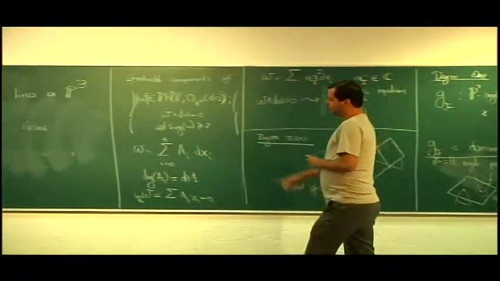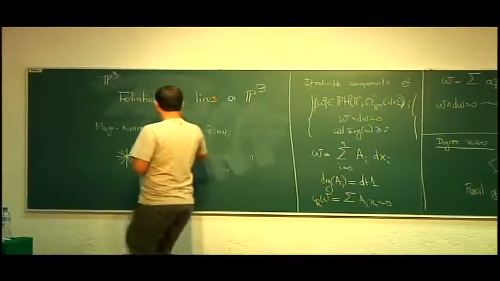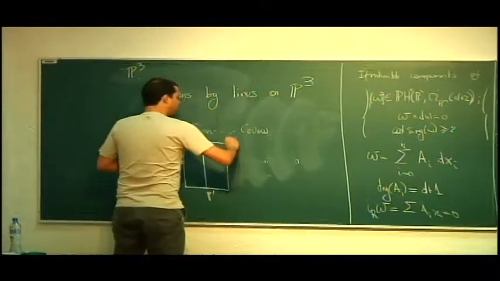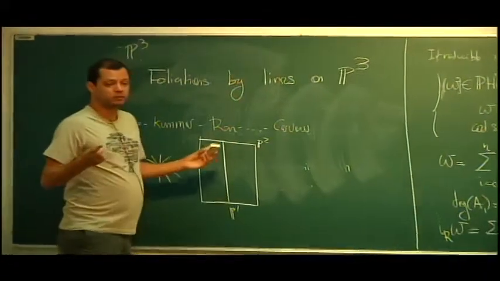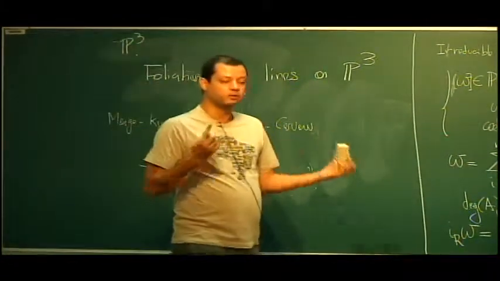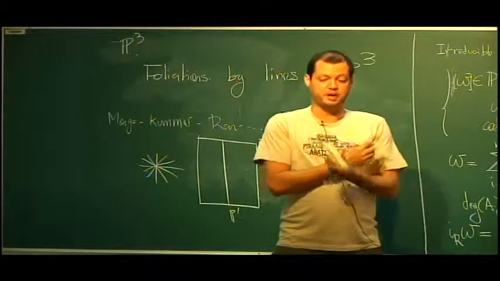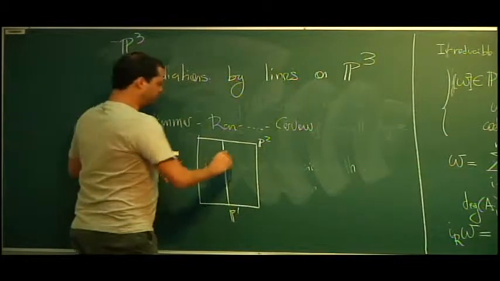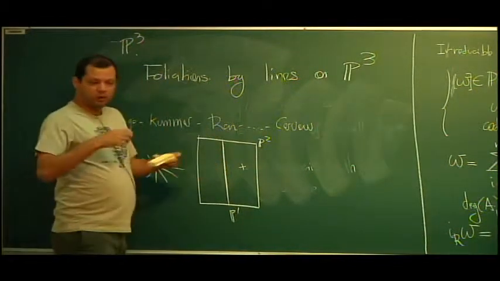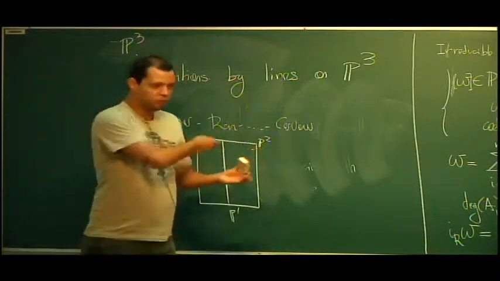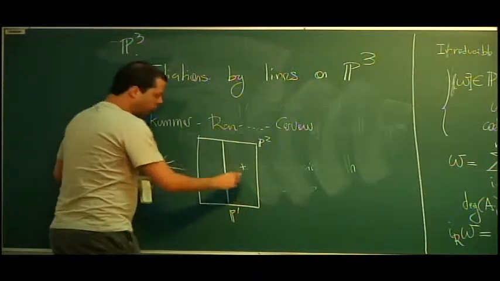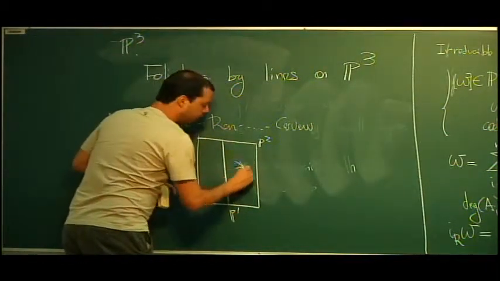But there is this construction: you take a P1 and look at the P2s containing this P1. The P2s containing this P1 are parameterized by a P1 again. And in each P2, I can just choose a point, of course always in an algebraic way. Here, I put on this P2 the foliation by lines through that point.